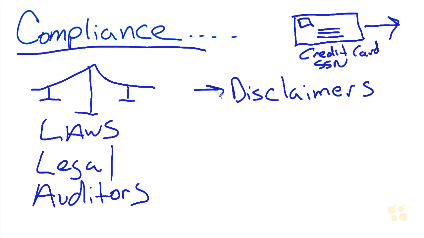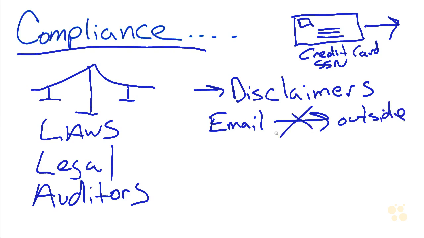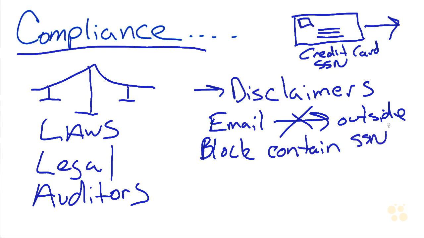You can restrict it so that maybe you have some email, and under certain conditions, it's not allowed to go outside of the company. Or you may want to block messages that contain particular information. Maybe if there's a social security number in there, ooh, that needs to get blocked.